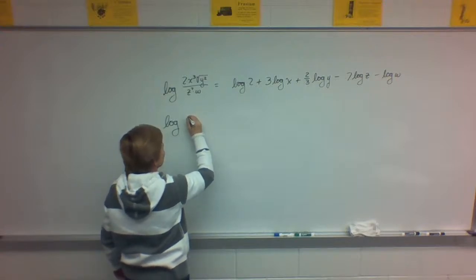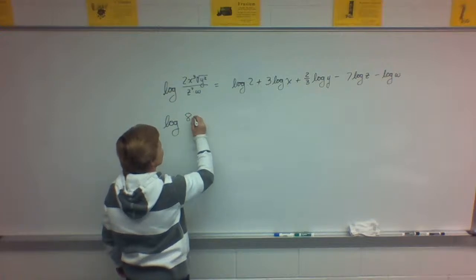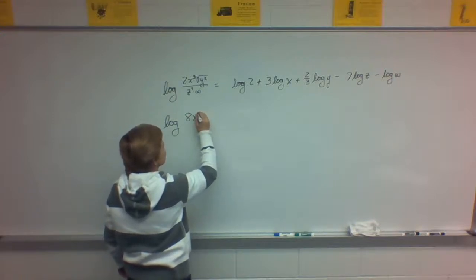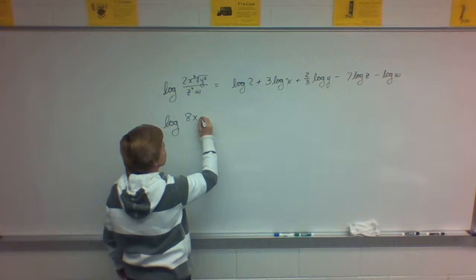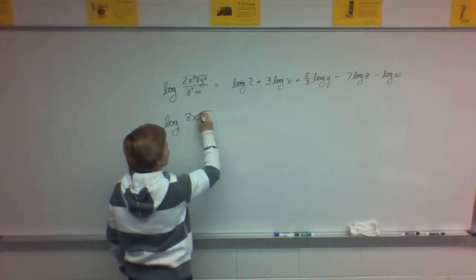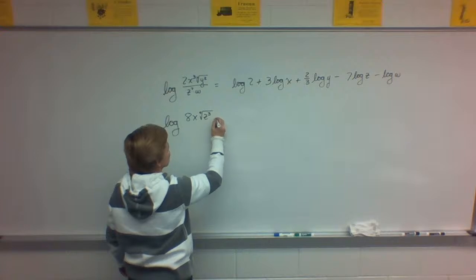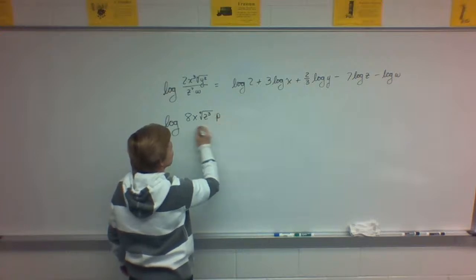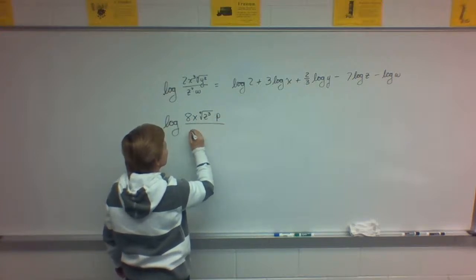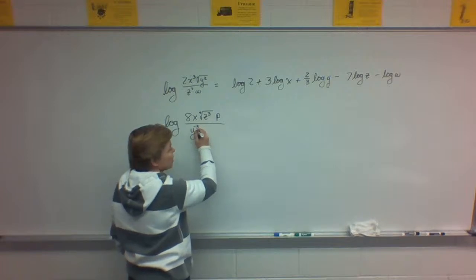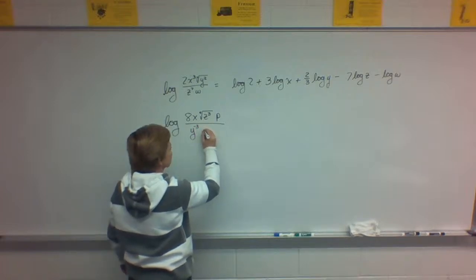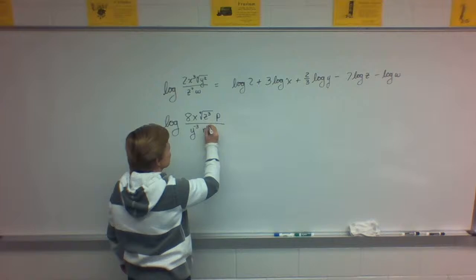It's going to be, I'm going to call it 8 x, the 4th root of z cubed p, over y to the -3, this will be a fun one, -3, r to the 1/2.